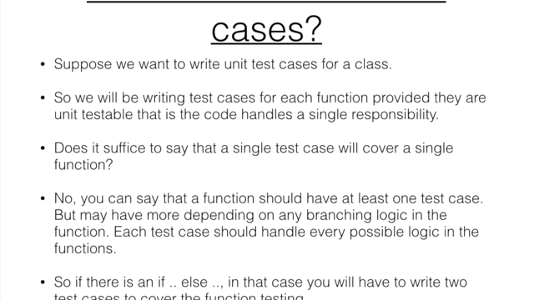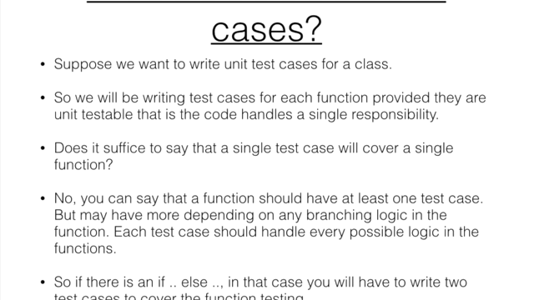So how to think about test cases? It's a very general question: how do you go about testing? How do you think, okay, this is the function I want to test? Because if you do test-driven development, you first think about how you're going to test it, then you write the code for it.